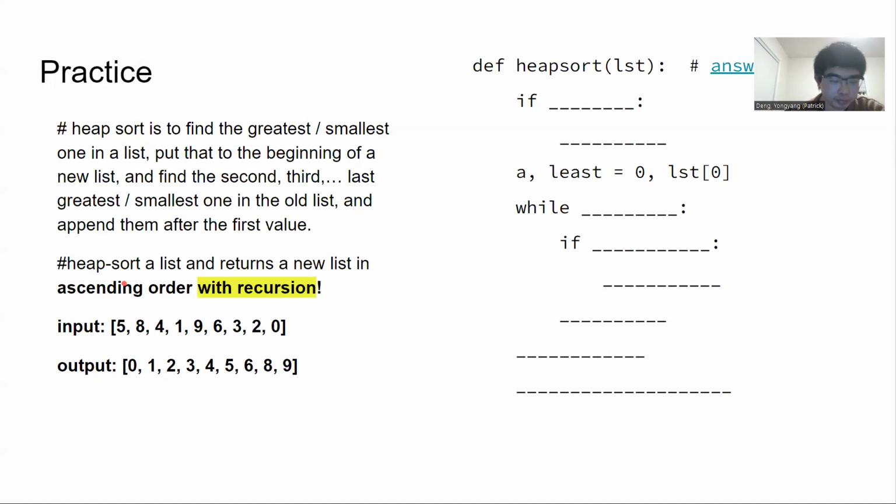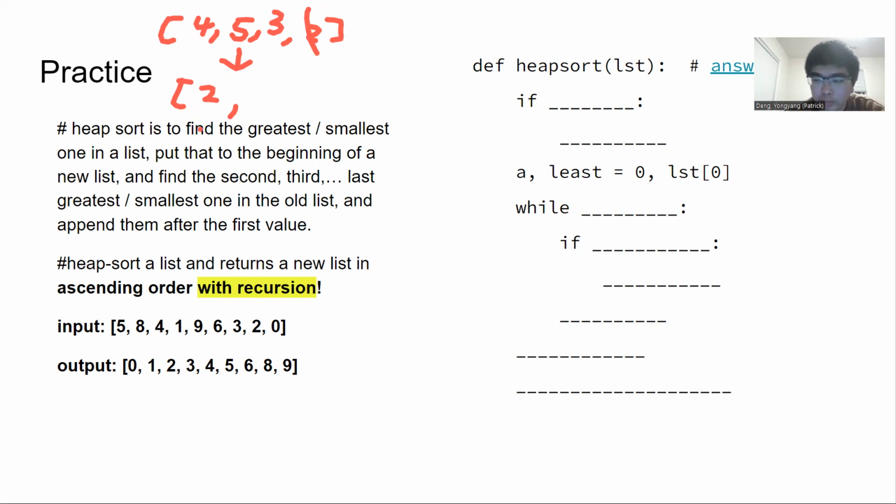Suppose I have 4, 5, 3, 2. If I want to do heap sort in ascending order, I take out the smallest one from this list, which is 2, and remove it from the old list.